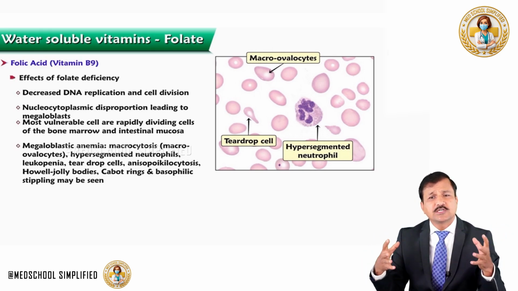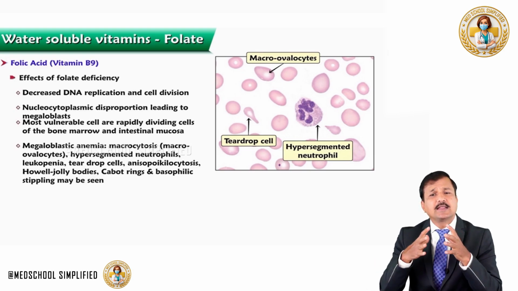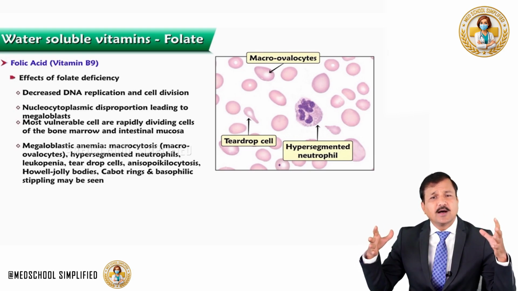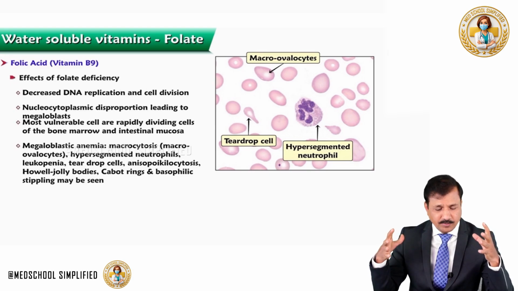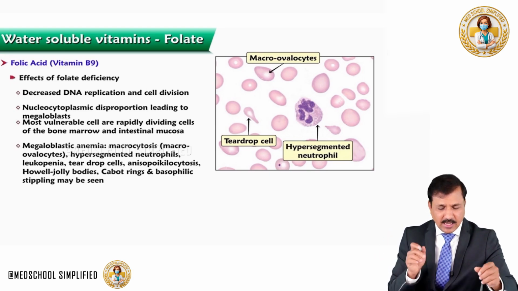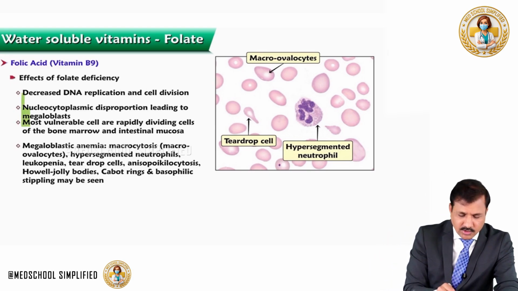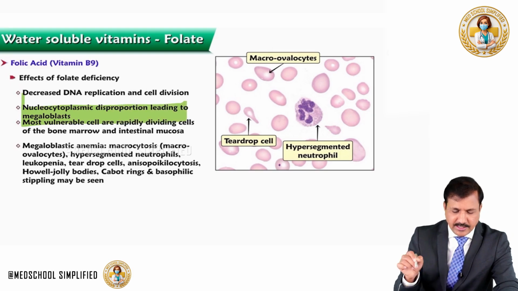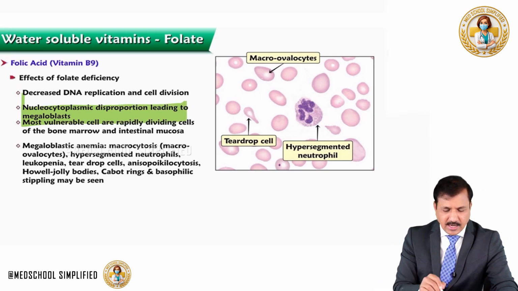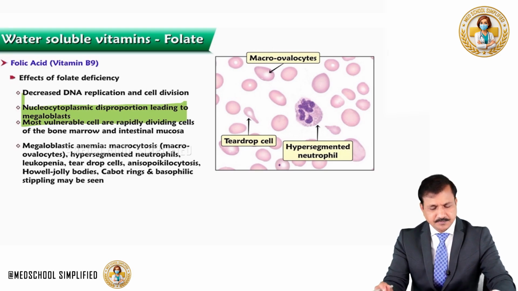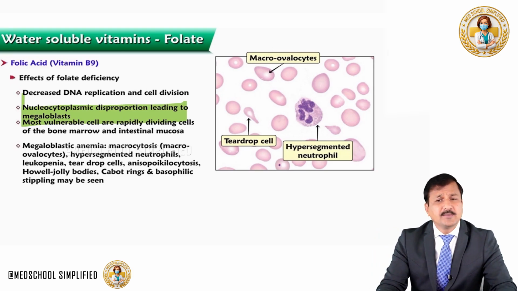So there will be nucleocytoplasmic disproportion, and that makes a red blood cell big. That will lead to a megaloblastic red blood cell, that is nucleocytoplasmic disproportion leading to megaloblast. And these megaloblasts can be removed from the circulation by the spleen, and thereby it can lead to hemolysis and a decrease in the hemoglobin level.